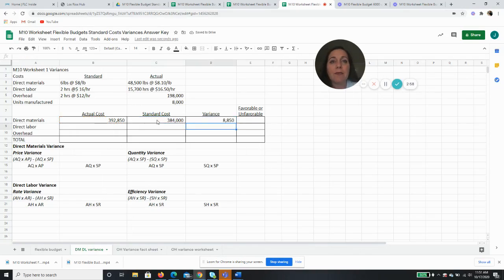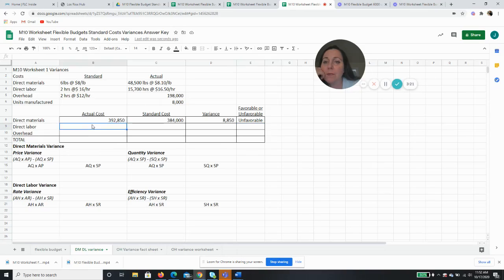Right, and then we have to decide if it's favorable or unfavorable. Unfavorable is if actual is more than standard. So if this number is positive, and that's what we have. If our actual was less than standard, then that would be a favorable variance, right? We did better than we thought we would. Okay, so that's our direct material variance.